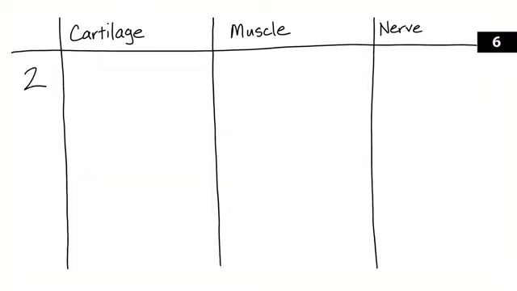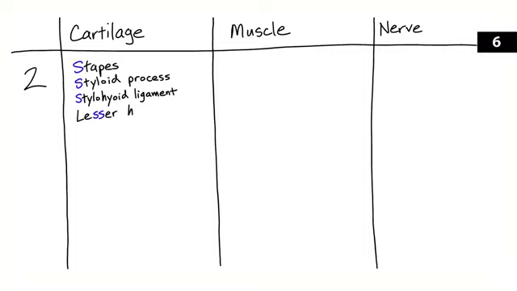Basically, these individuals have an underdeveloped mandible and underdeveloped cheekbones. For the second arch, you can remember that the second arch gives rise to the S structures: the stapes, which is another middle ear ossicle, the styloid process, the stylohyoid ligament, and the double S in the lesser horn of the hyoid.